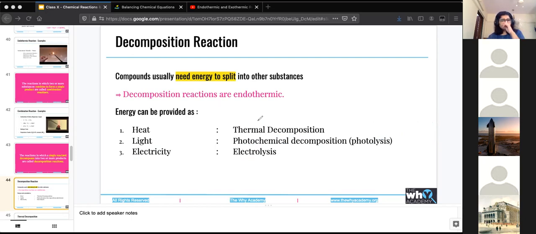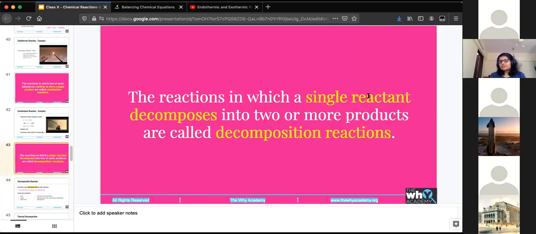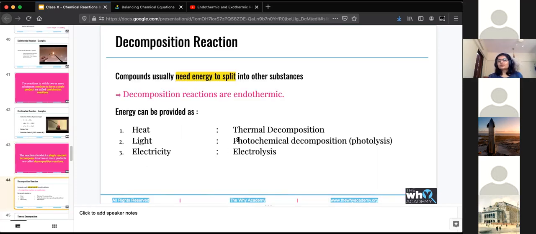Okay. So note this down. These may come as specific definitions. Define and give an example of thermal decomposition, or define and give an example of photochemical decomposition. So whenever you have that, the definition gets modified. The reactions in which a single reactant decomposes into two or more products using light energy, or using heat energy, or using electricity, is called whatever specific category it is.